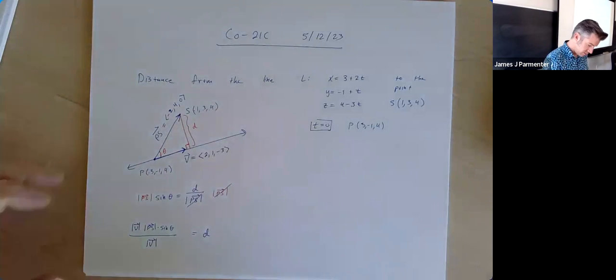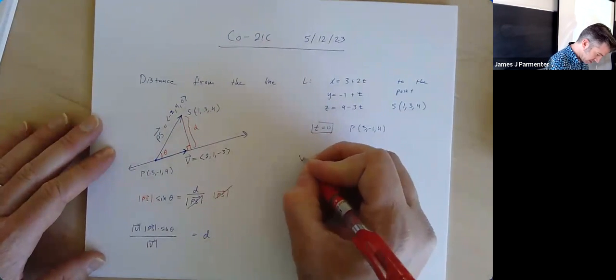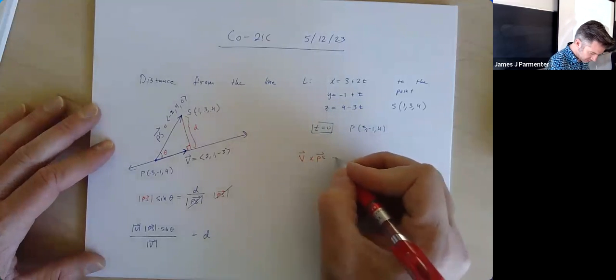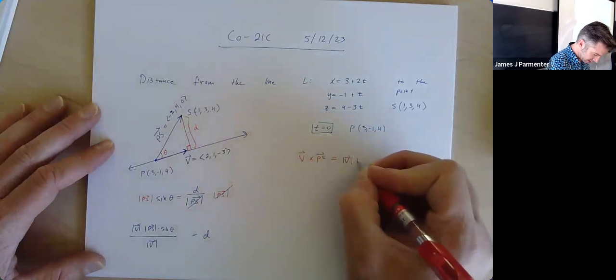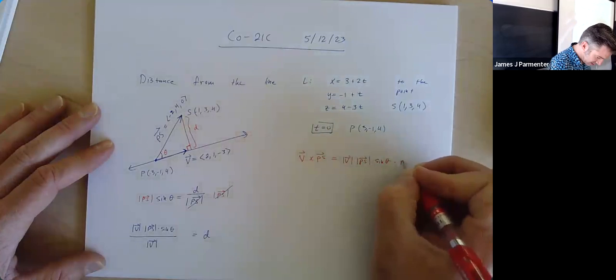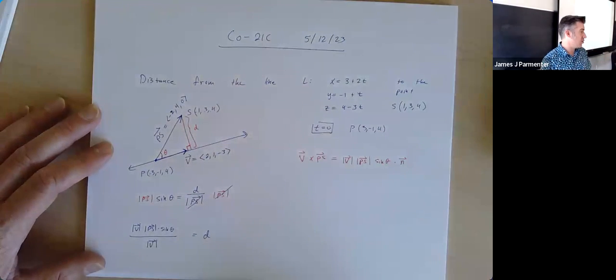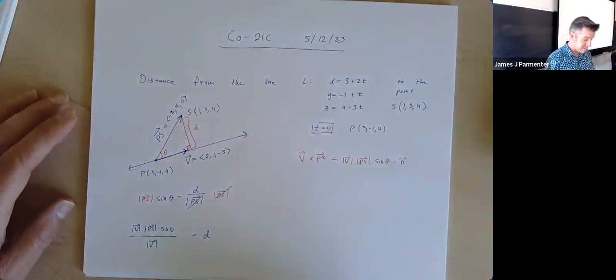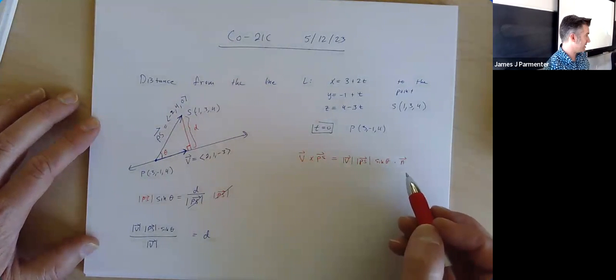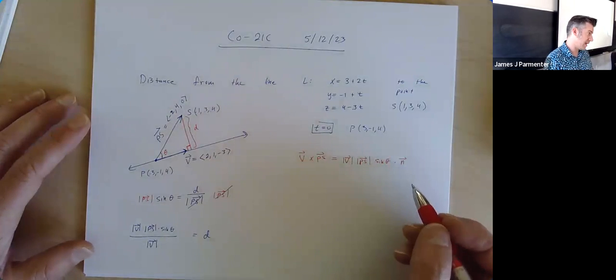I'll just remind you, when you have two vectors, their cross product is equal to the magnitude of V times the magnitude of PS times sine of the angle between them times a unit vector n that's in the direction of the cross product. But if you're taking the magnitude of all that, the magnitude of the unit length thing doesn't matter. It's just going to be a contributing length of 1.